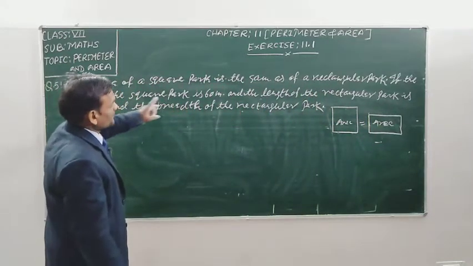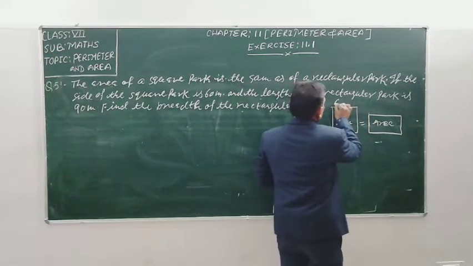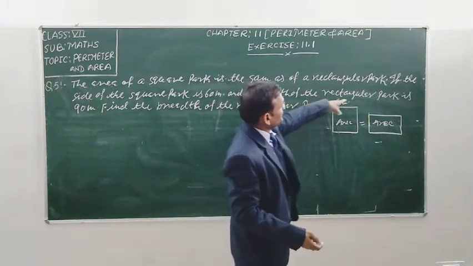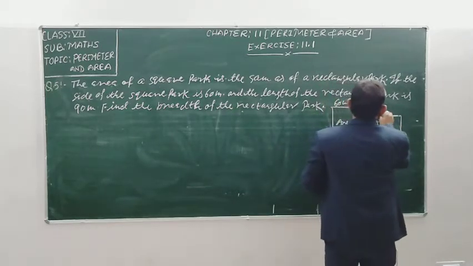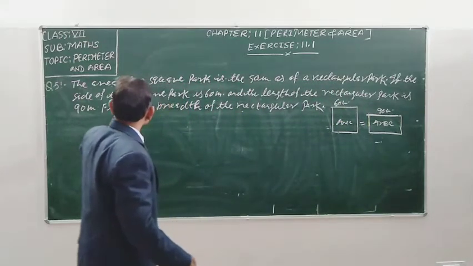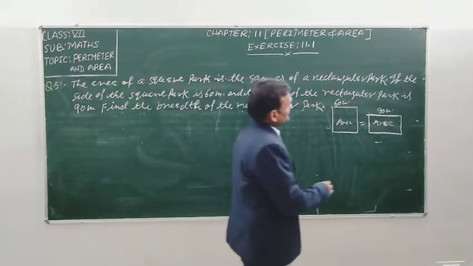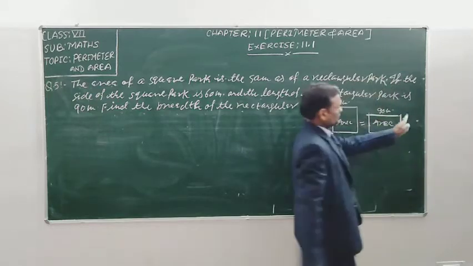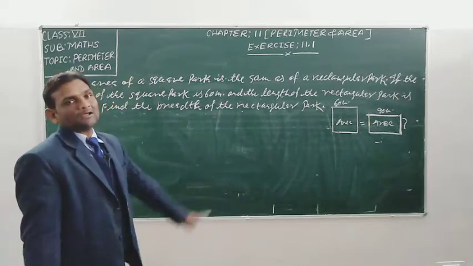The question is saying the side of the square park is 60 meter and the length of the rectangular park is 90 meter. Then, student, the question is asking me to find the breadth of the rectangular park. We need to find out the breadth of the rectangular park.